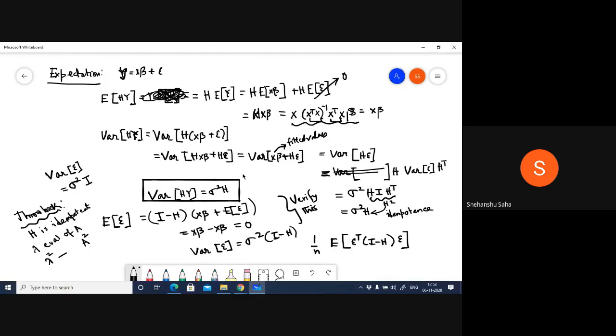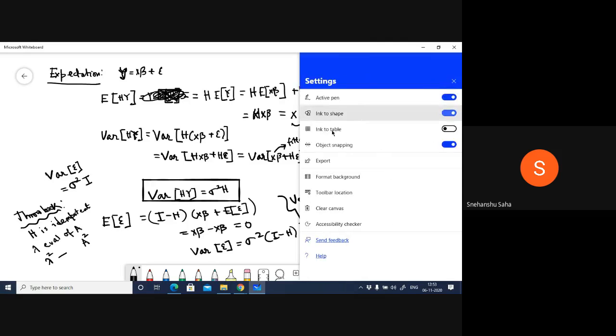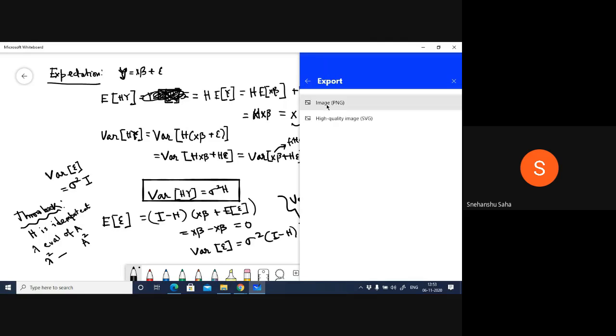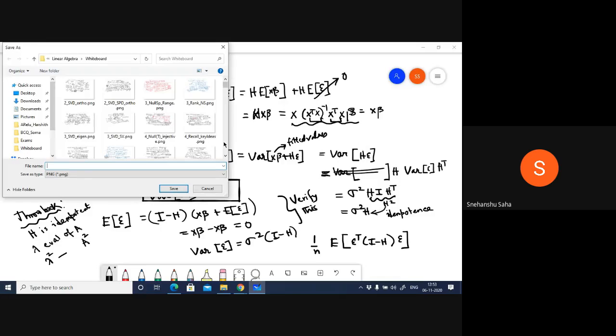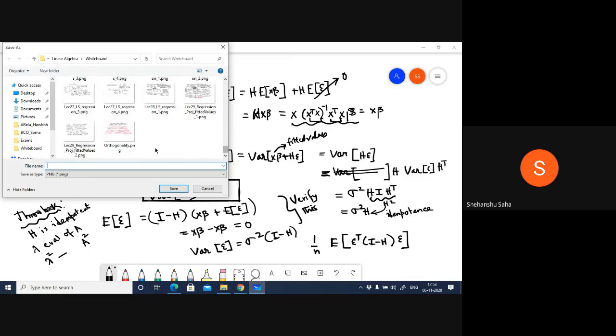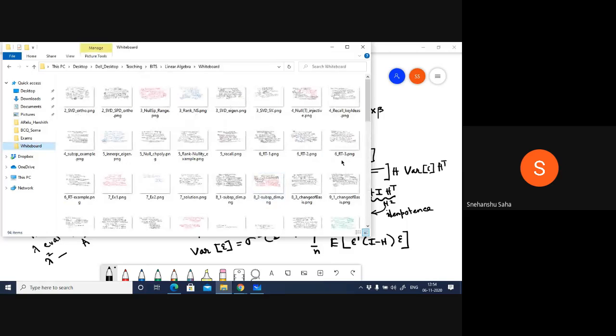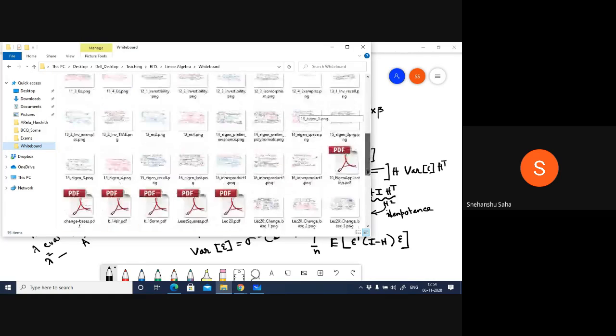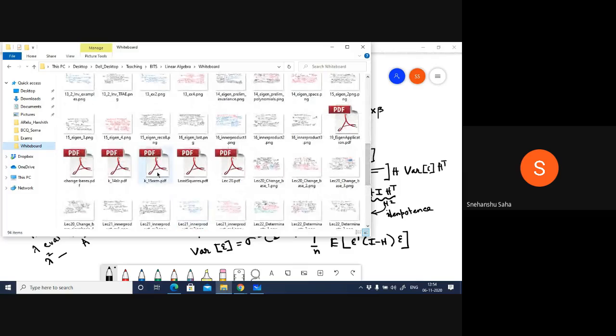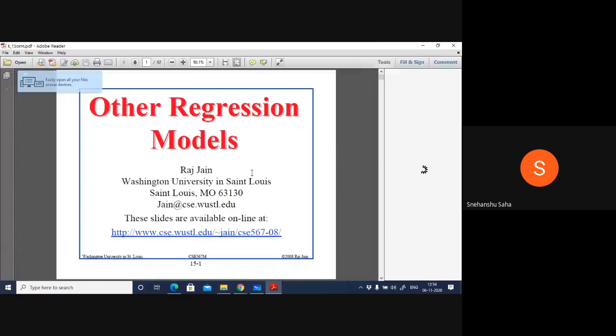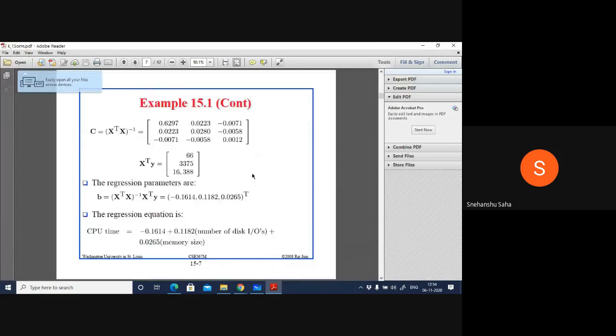So having said that, I think we are done with the discussion on regression. Now I'll just save this and then I'll go back to one other example from Professor Jain's notes. And somehow it is here, and this is a particularly interesting example.